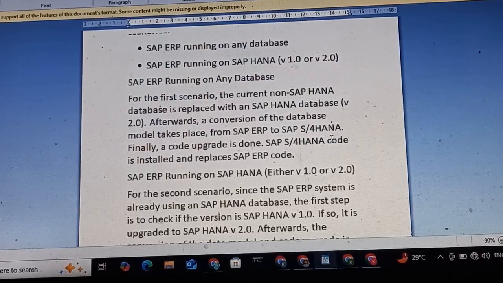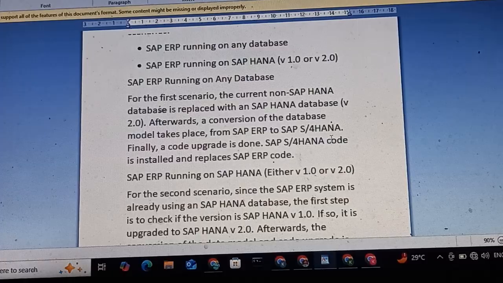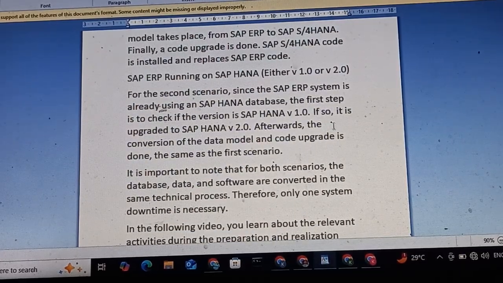Afterwards, a conversion of the data model takes place from SAP ERP to SAP S/4HANA. Finally, a code upgrade is done. SAP S/4HANA code is installed and replaces the SAP ERP code. This is a total replacement directly to SAP S/4HANA version 2.0.